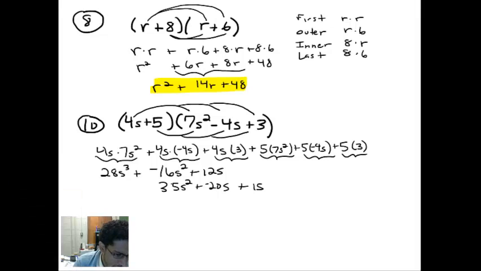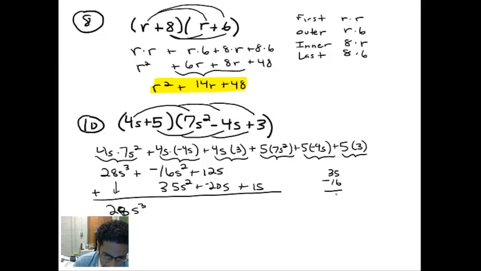And so we just stagger it so that we can basically look at it like we're adding vertically. So we'll have 28 of the s cubes. There's nothing to combine that with. Then we have 35 take away 16. That's 19. We'll have positive 19 of the s squares. The 35 is positive, the bigger one. And then we have 12 take away 20, because it's 12 plus a negative 20 on the s's.